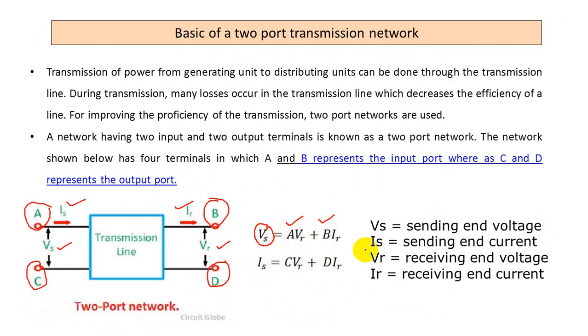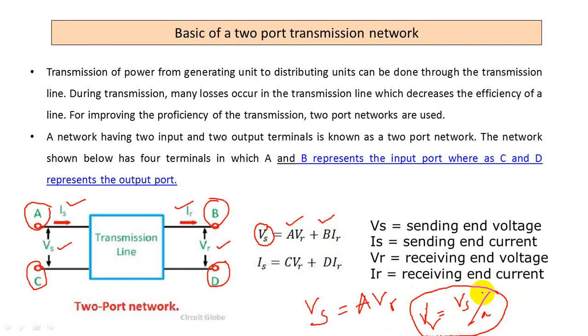During the no load time, the sending end voltage Vs is equal to A into Vr, because the current IR becomes 0. Then Vr is equal to Vs divided by A. This is going to be your sending end voltage during no load time, since IR is 0.